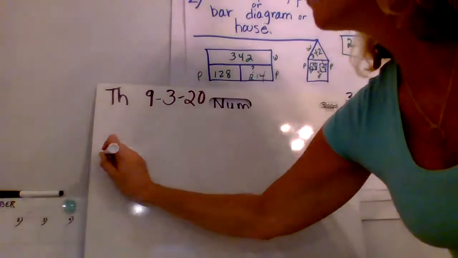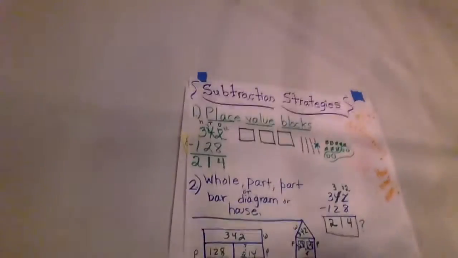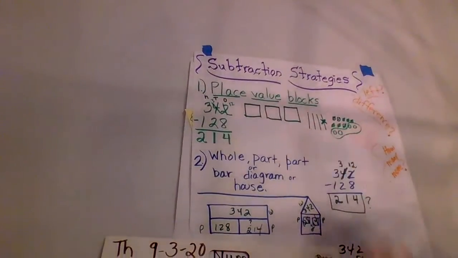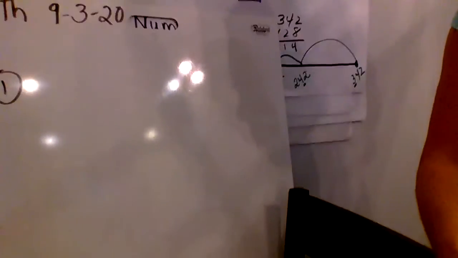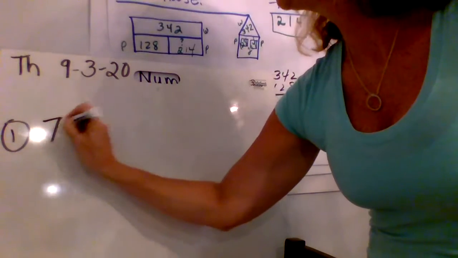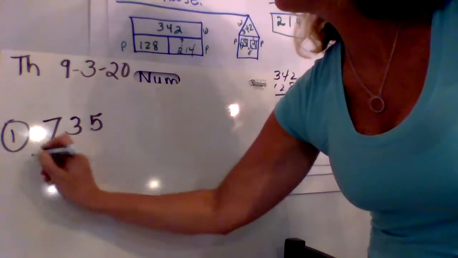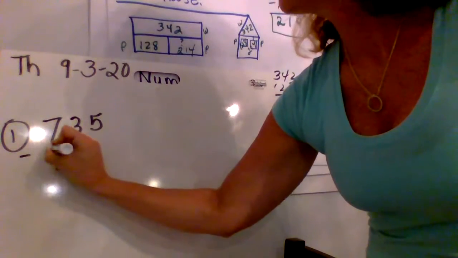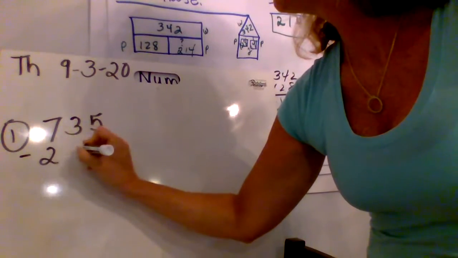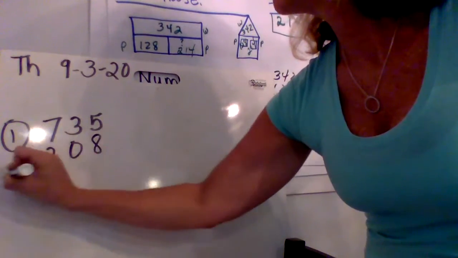Okay, so for number 1, I want you to try exchanging the 10 for 10 ones. Okay, so we'll say, let's see, 735, take away 208. Okay.